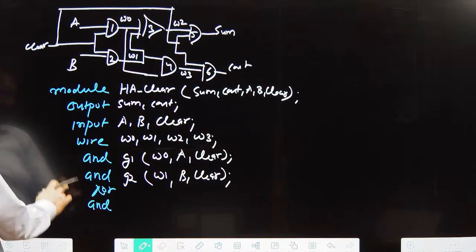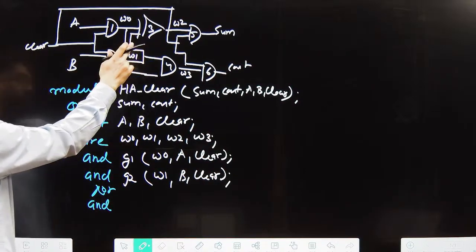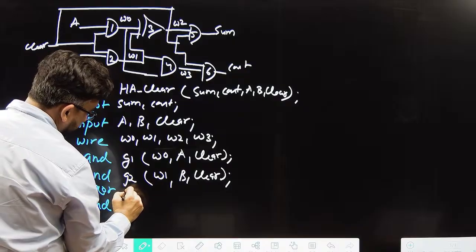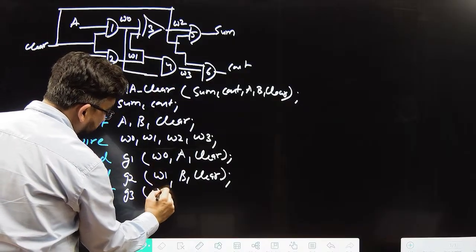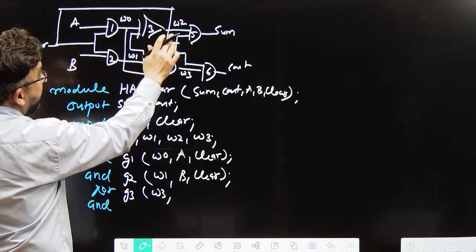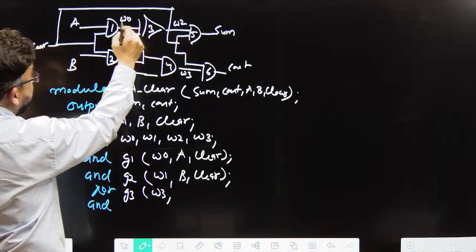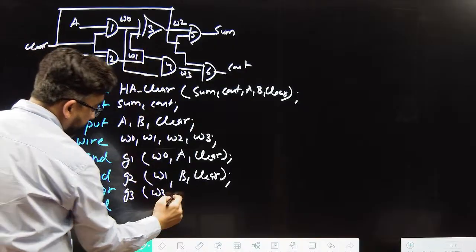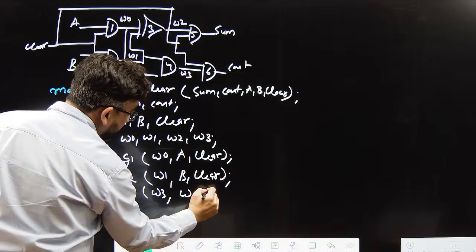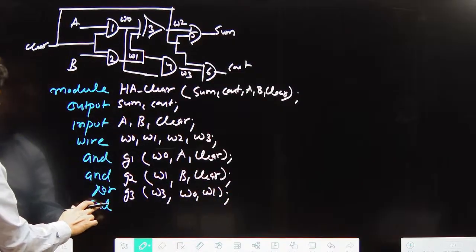Right? And again now this XOR, G3 is my gate. Output of this XOR is W3, and then what is my input? Sorry, input is W0 and W1.